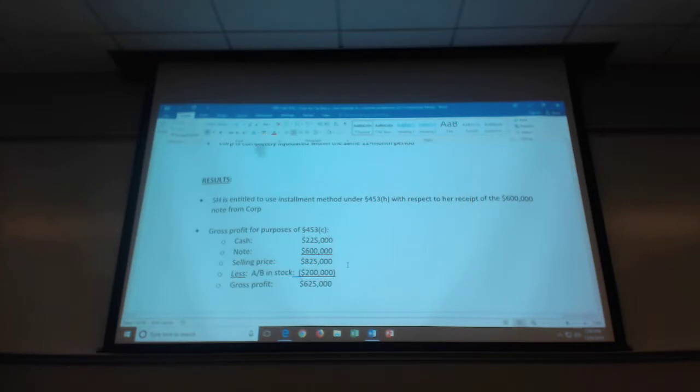Instead, the shareholder is allowed to calculate its own gross profit ratio and report the note and any other liquidating distributions under the installment method. This is a pro-taxpayer rule. And the example here illustrates how the calculations work.